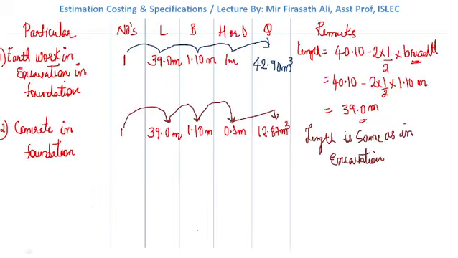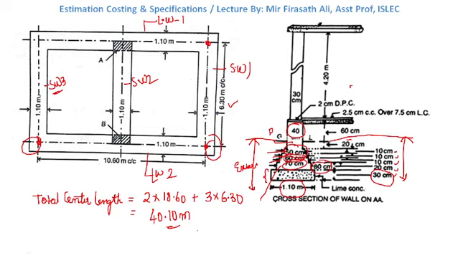For their heights, what we need to do is look at the table. Look at over here. 30 centimeter is already done. 20 centimeter is for the first footing. This is second, third, fourth, and the plinth is 80 centimeter.